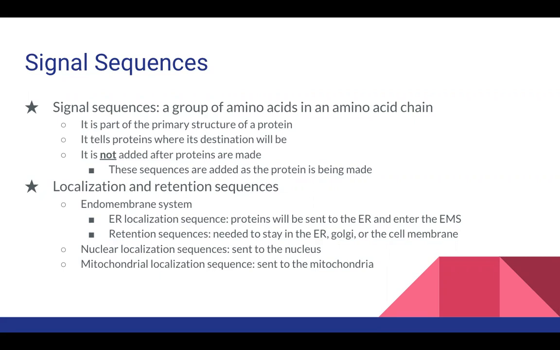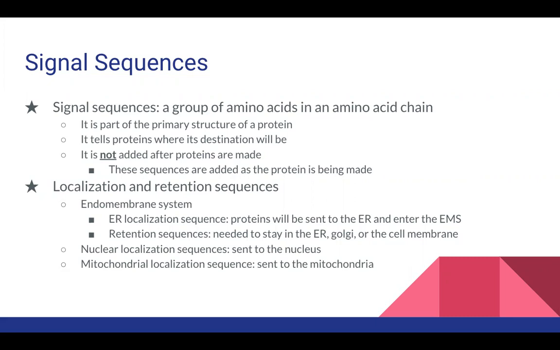And localization and retention sequences. So going back to what we said about the endomembrane system, ER localization sequences are needed for any protein that needs to be sent to the endoplasmic reticulum or the endomembrane system. And in order to stay anywhere along that point, it's going to need some sort of retention sequence.